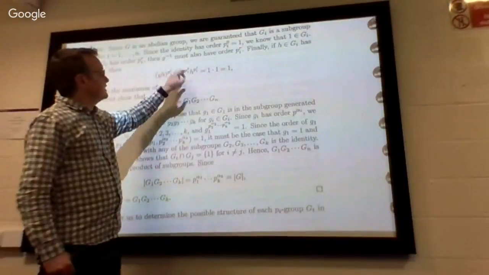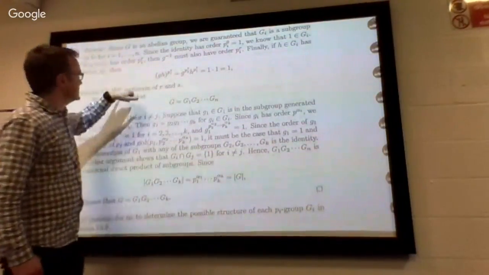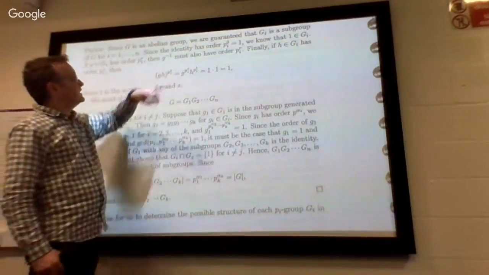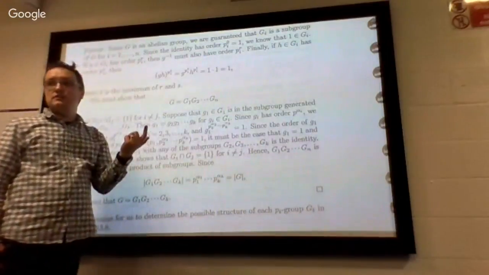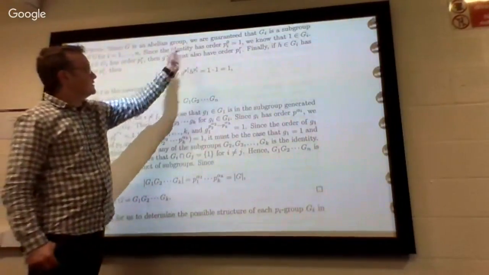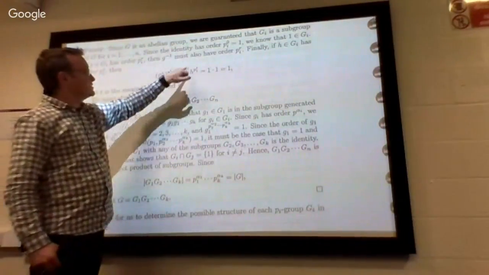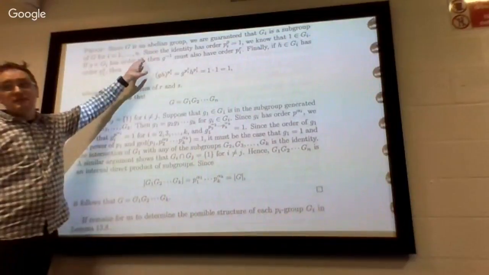But then if this is p_i to the t, where t is the maximum of r and s, then g to that power will be the identity element, because you can separate off the extra factors of p, and this will just be some power of g to the p_i to the r.